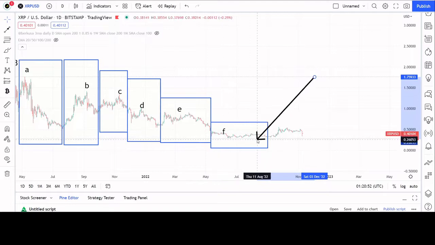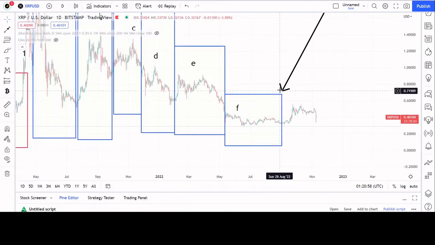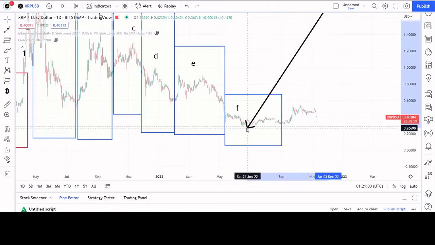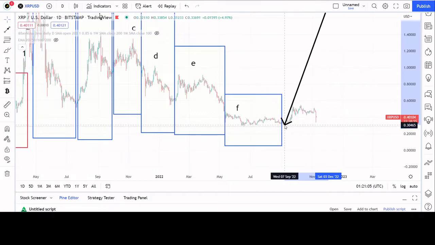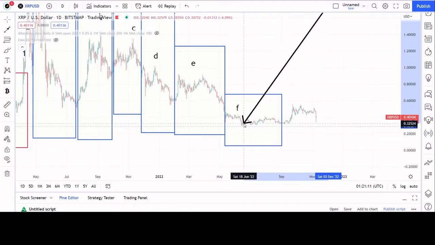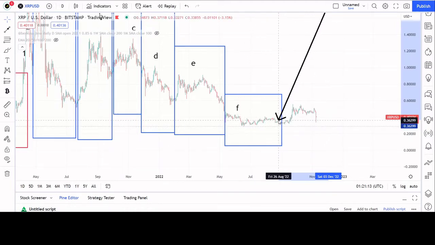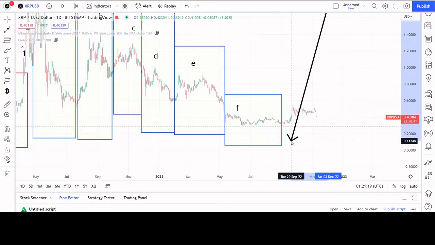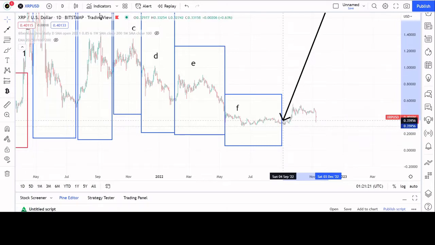Now, this last one is the capitulation fractal, fractal F, and historically it has gone down further, although we do have a precedent from back in 2017 that it did not drop lower than here. And that is where we get this fractal from, the 2017, which is really just an evolution of the original fractal where it drops down further, or a deviation.